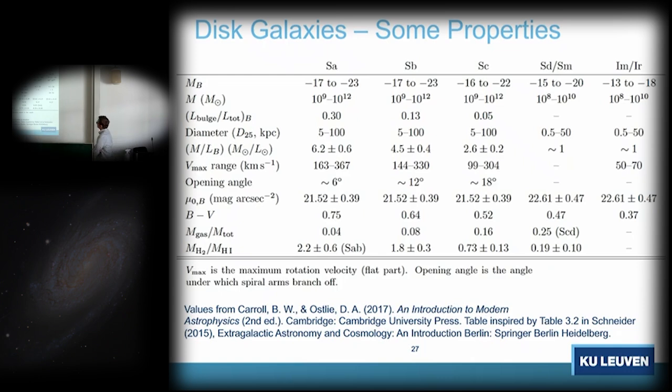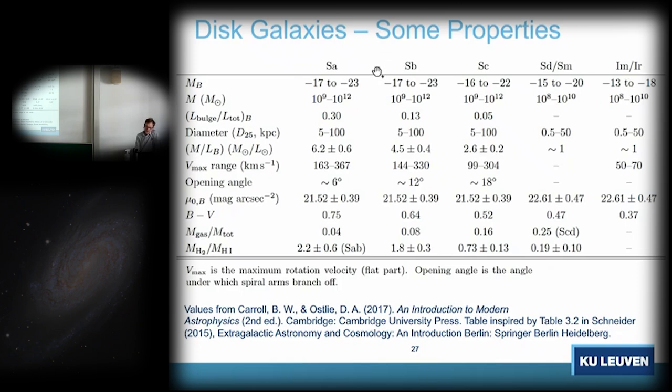Now, here is just a little table summarizing properties of these galaxies according to the classification scheme. This is the Hubble classification scheme that we have had in the first class. Now, the absolute magnitude, you can see that it goes down, so that these are the irregulars at the right end here, and also the less luminous, the ones with the lowest luminosity, as you can see.